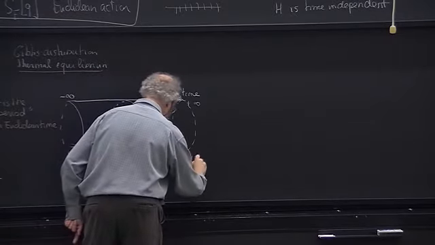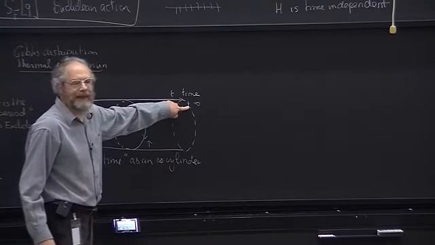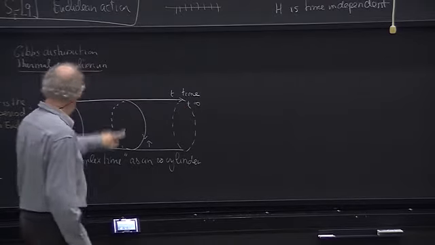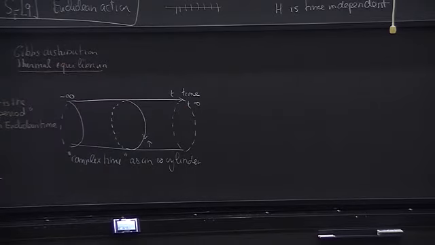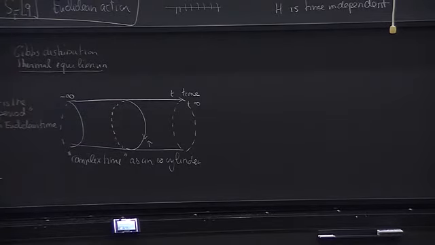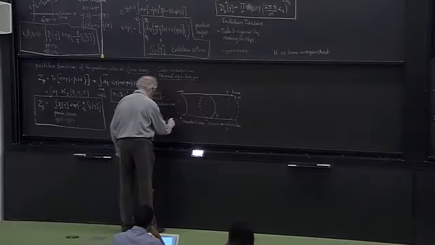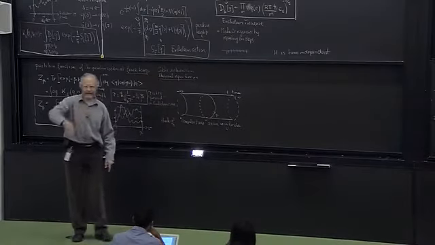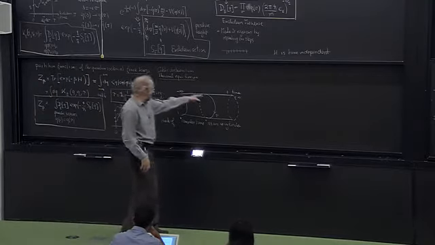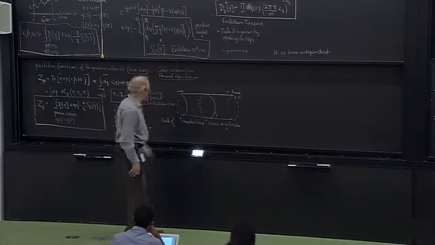So it's infinite in the real-time direction, physical time, and it's periodic with periodicity tau in the imaginary direction. So think of it as living on a cylinder, periodic in the Euclidean time direction. Okay?